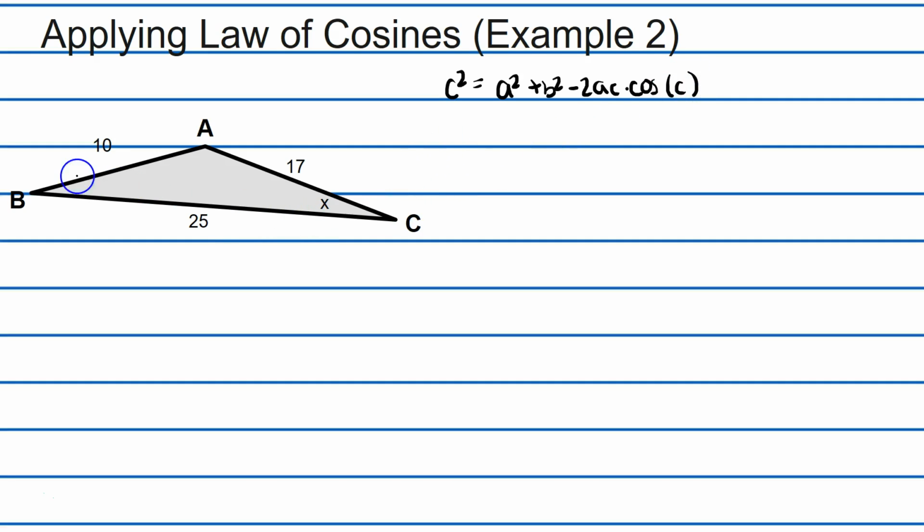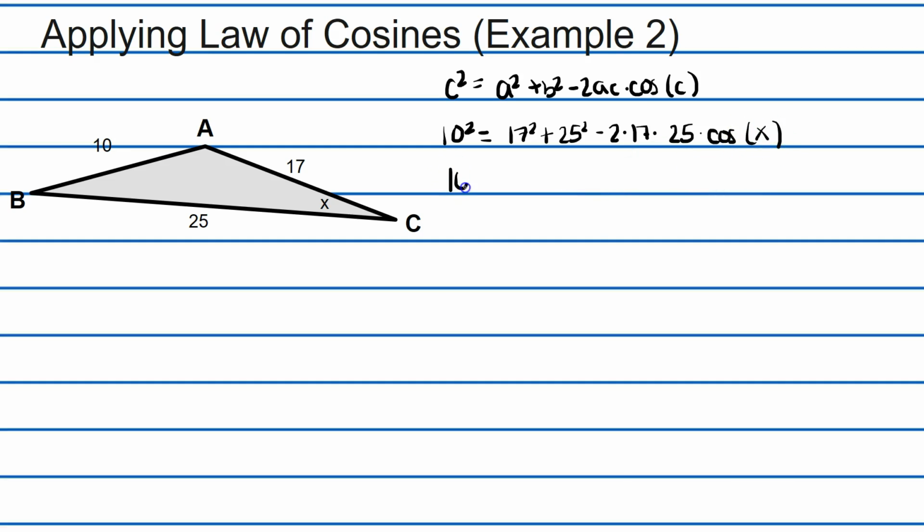Alright, so c squared, in this case, is 10 squared, which is equal to a squared, 17 squared, plus 25 squared, minus 2 times a, which is 17, times 25, times cosine of c, which in our case is x.